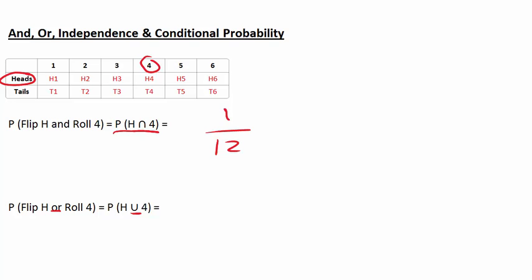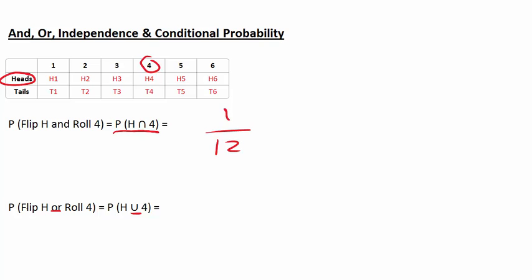In mathematics, it is quite okay to be doing both. So if you happen to be flipping heads and rolling the 4 at the same time, that's a perfectly acceptable use of or. So remember, in English language usage, it is an exclusive or. In mathematics, it's always an inclusive or.